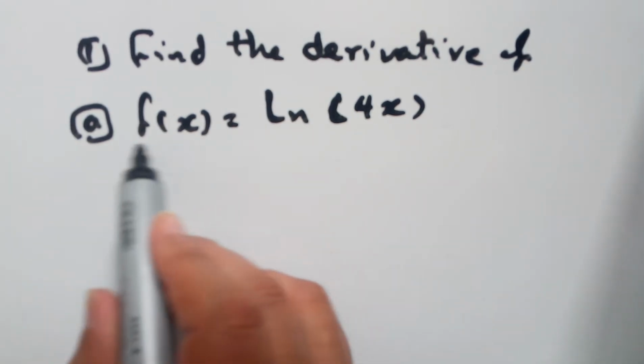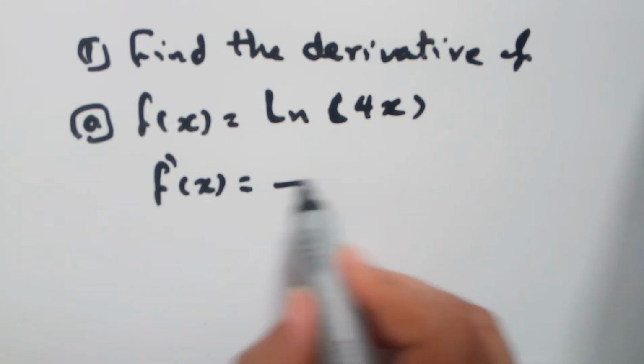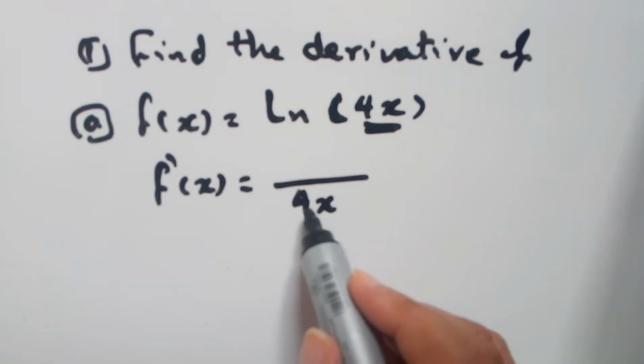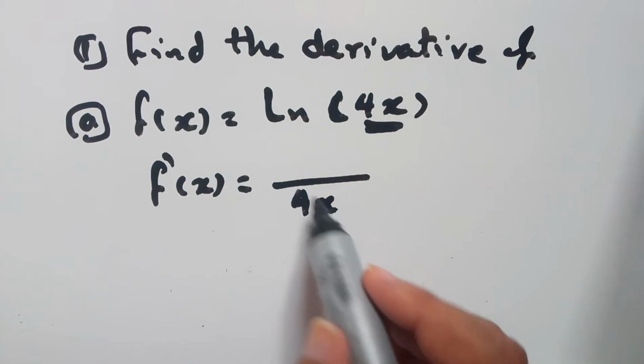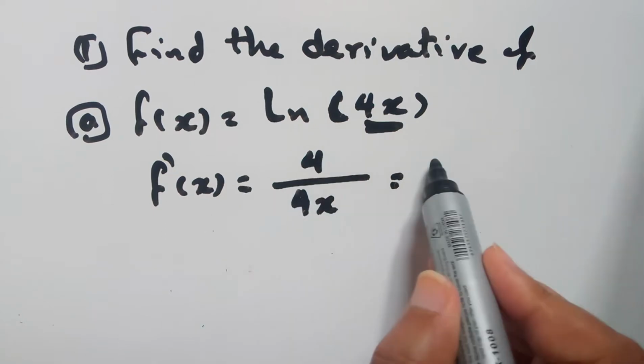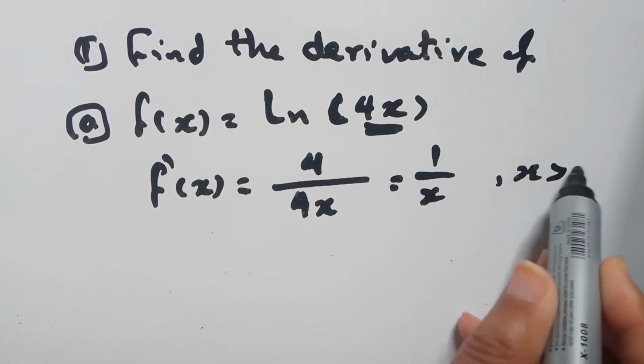What is the answer here? The derivative for f of x is f prime of x. By applying the rule, we will write x down, the same function here, and its derivative up. What is the derivative for 4x? It will be 4. Simplify the answer. 4 divided by 4, it will be 1 over x, and x is more than 0.